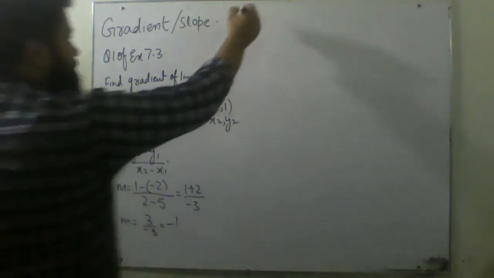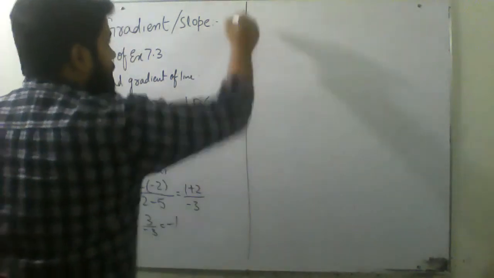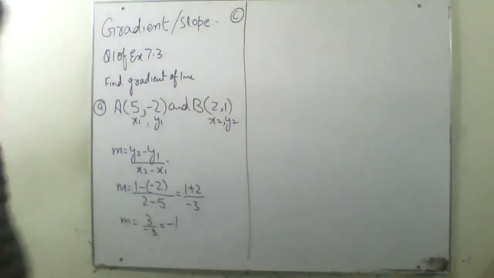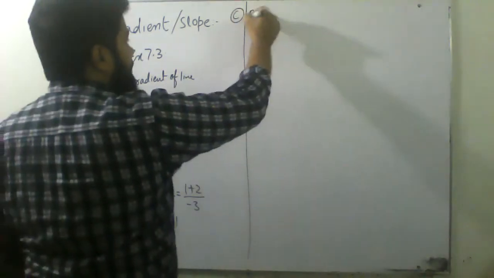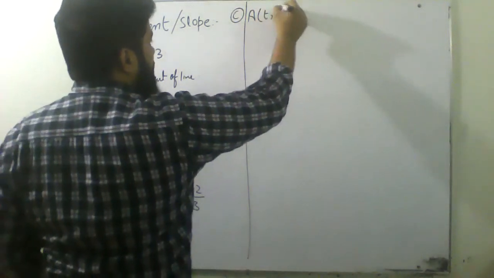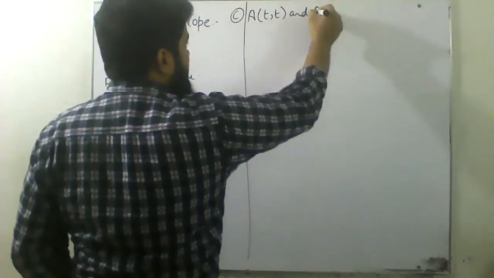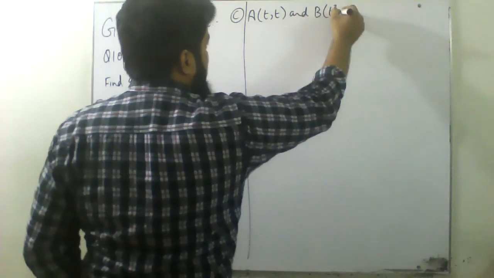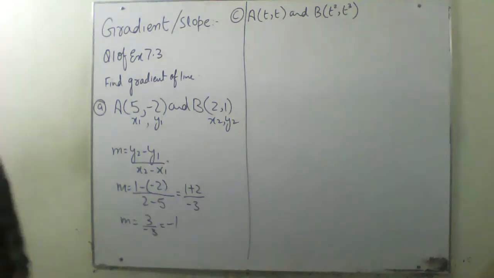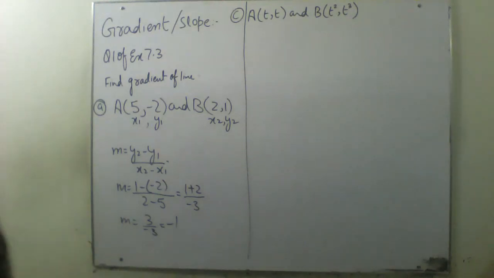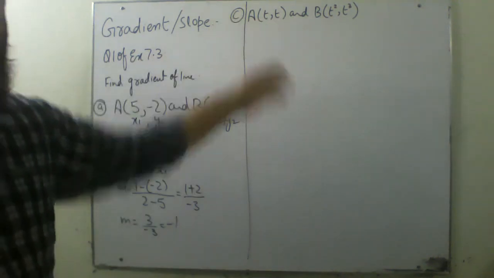Okay. Now, part C. In part C, they are giving us A (t, t) and B (t square, t cube). And again, they are saying that we have to find the gradient of the line which is passing through these 2 points.